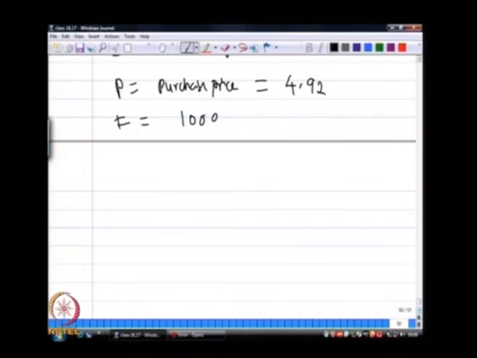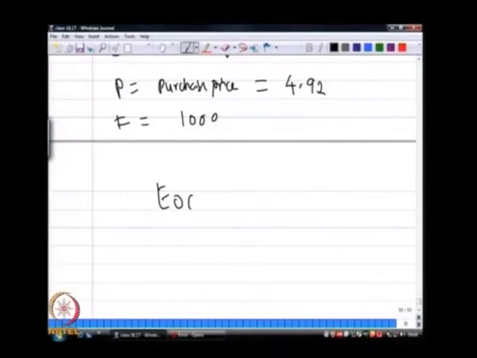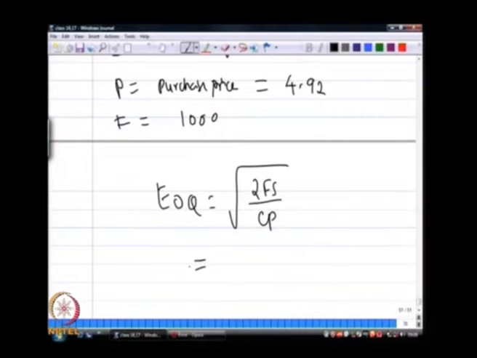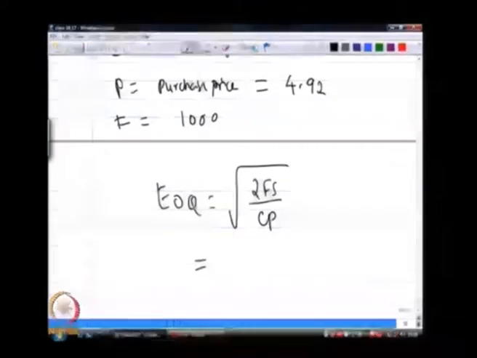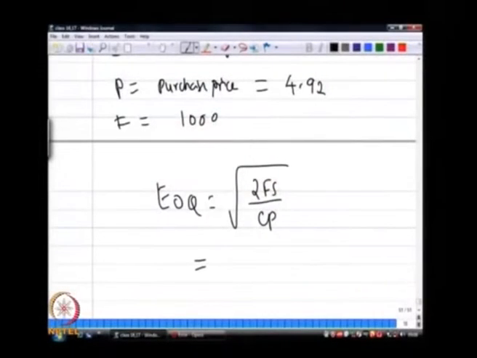Now, let us begin with the fundamental equation, that economic order quantity is the square root of 2FS by CP. Now, the question is, first let us calculate the economic order quantity for this entity whose annual sales is so much, the ordering cost is so much, the carrying cost is so much, and the purchase price is 4.92.